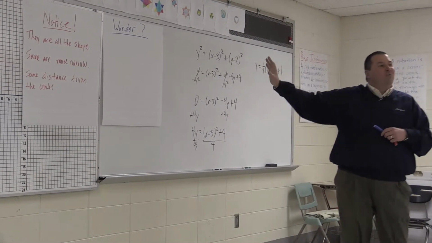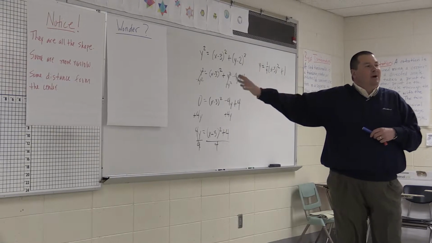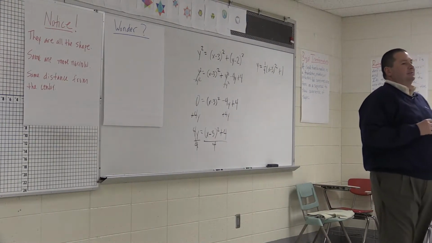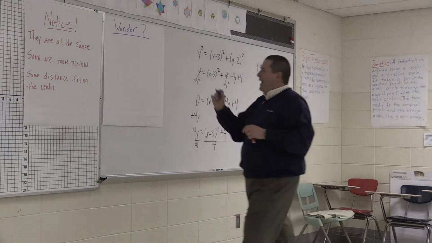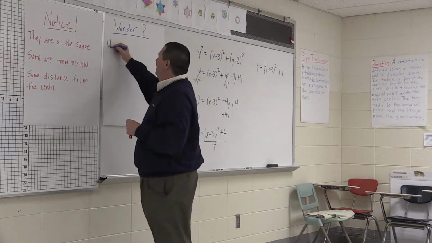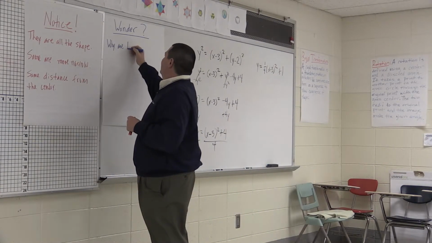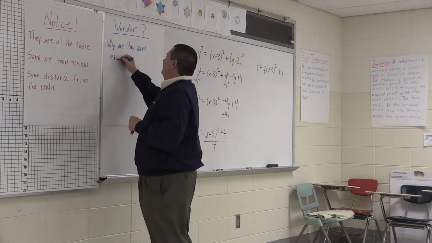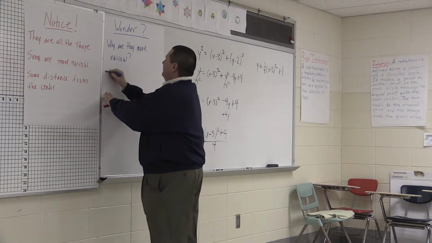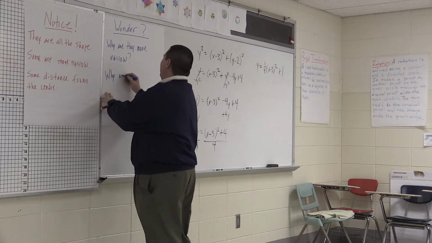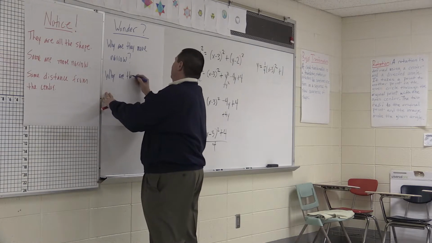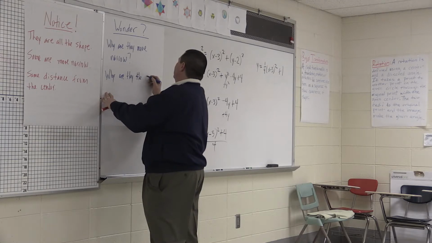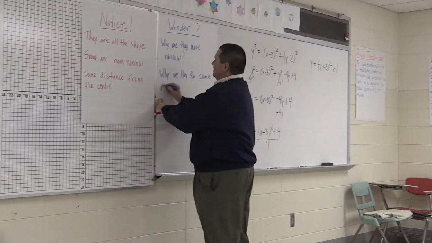All right, so now let's do the same thing. What's something that you wonder about those parabolas? Sir? Why are some more narrow? Very good. Why are they the same distance?